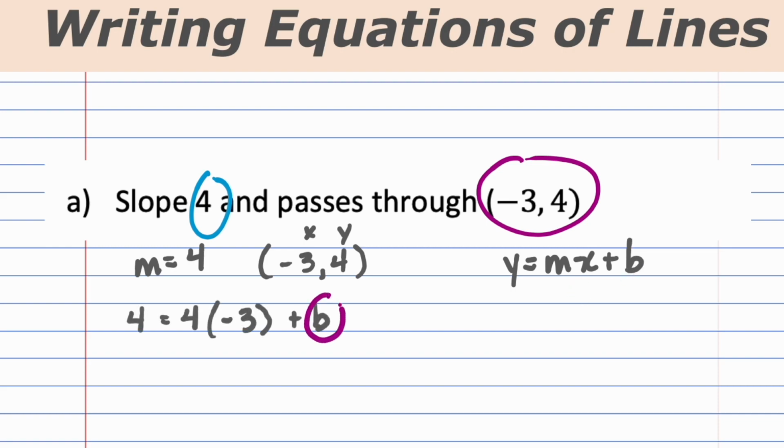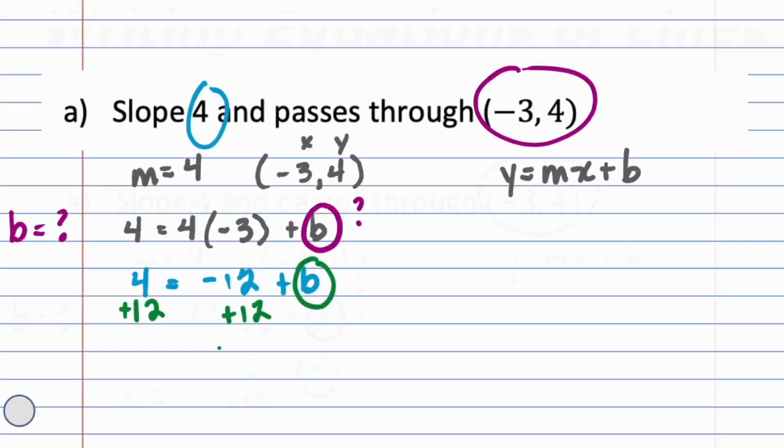If we plug in all those values, we can find b. 4 equals 4 times negative 3, which is negative 12, plus b. Solve for b by adding 12 both sides. And b is equal to 16.